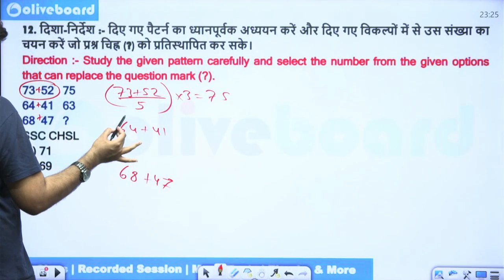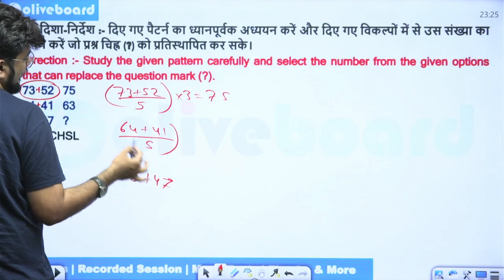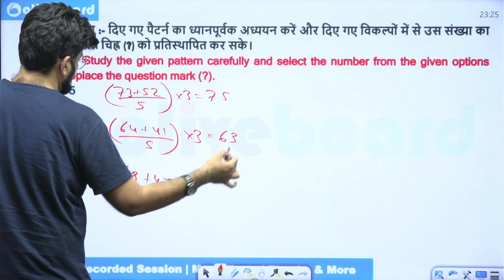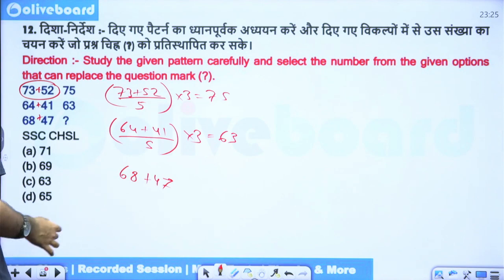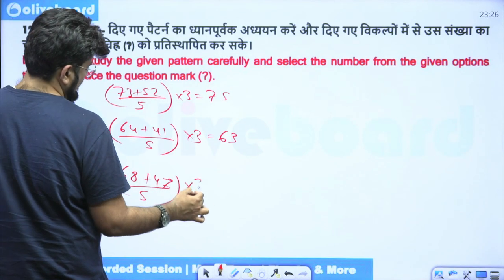So let's try this. 64 plus 41 is 105, divided by 5 is 21, multiplied by 3 is 63. So 68 plus 47 is 115, divided by 5 is 23. 23 multiplied by 3 is 69.